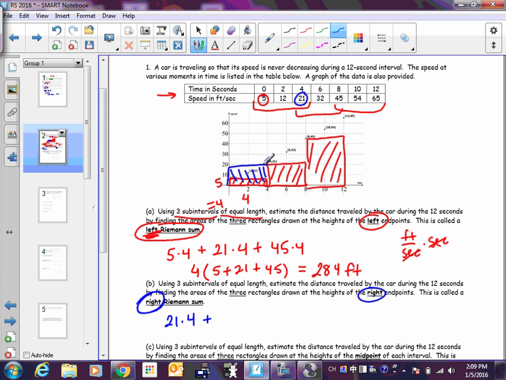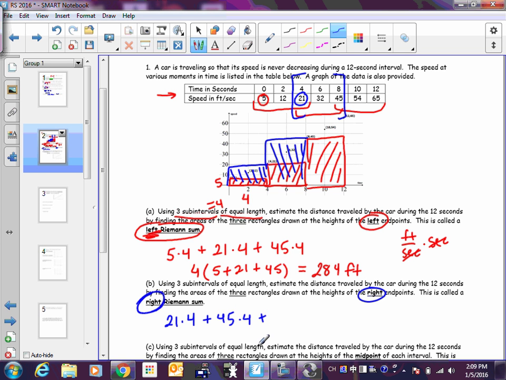Okay, now what about the second rectangle? Now if I'm choosing the right, okay, or if you're looking at from 4 to 8 here, and if you need to, just kind of like put your hands on there and say, which of these 3 speeds am I going to choose? Choose the right number, 45. 45 times 4.